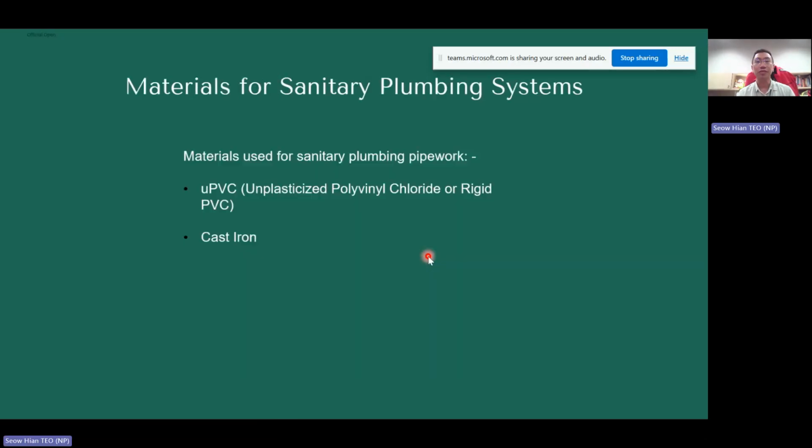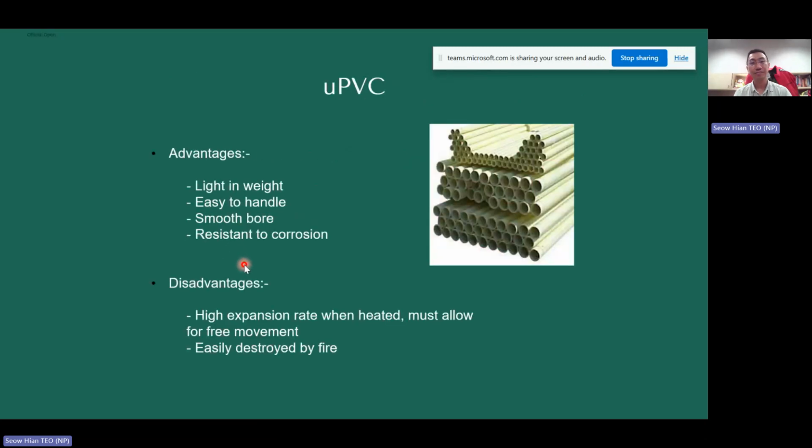So the material used is usually UPVC, unplasticized polyvinyl chloride, or rigid PVC. Sometimes you have cast iron. The advantage of UPVC is that it's light, smooth for boring, easy to do, and resistant to corrosion. The disadvantage is that UPVC can expand, so it's easy for movement, right?